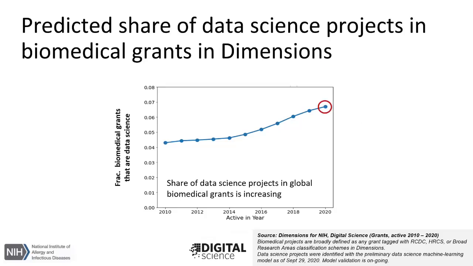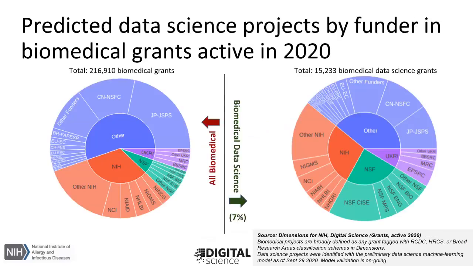So from here, we try to zoom in a little bit more and say, what do these grants that are active in 2020 actually look like? Here's that data broken down by who's funding this research. The left-hand side is all biomedical grants in Dimensions active in 2020 by funder. The right-hand side is that same data, but now subsetted to those which our new method has tagged as data science. Again, some comforting things here. We see things we expect.